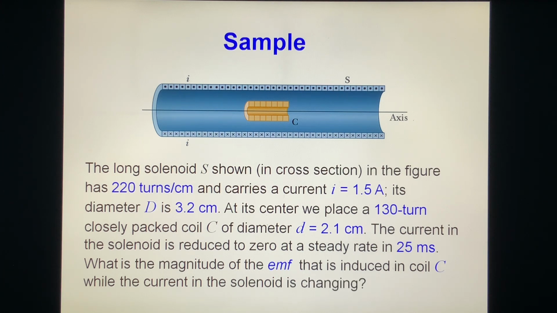The current in the solenoid is reduced to zero at a steady rate over 25 milliseconds. What is the magnitude of the electromotive force produced in coil C while the current in the solenoid is changing? The current changes from maximum to zero in 25 milliseconds.